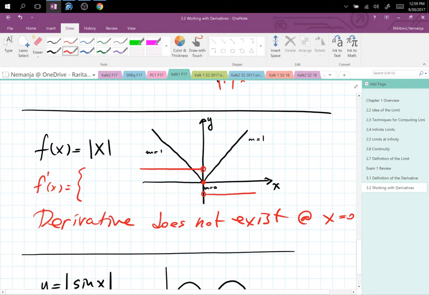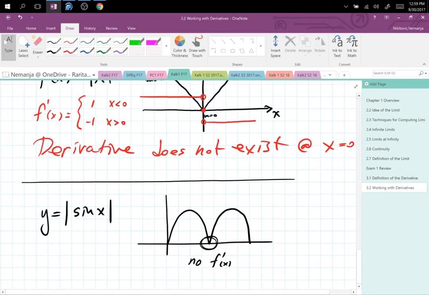It's 1 for all x less than 0, and it's -1 for all x bigger than 0. This is actually your derivative. It's not going to be the nice 2x plus 1 that you're used to from the previous section. It's going to be a piecewise function. Same thing goes here. It's going to be a piece and another piece.